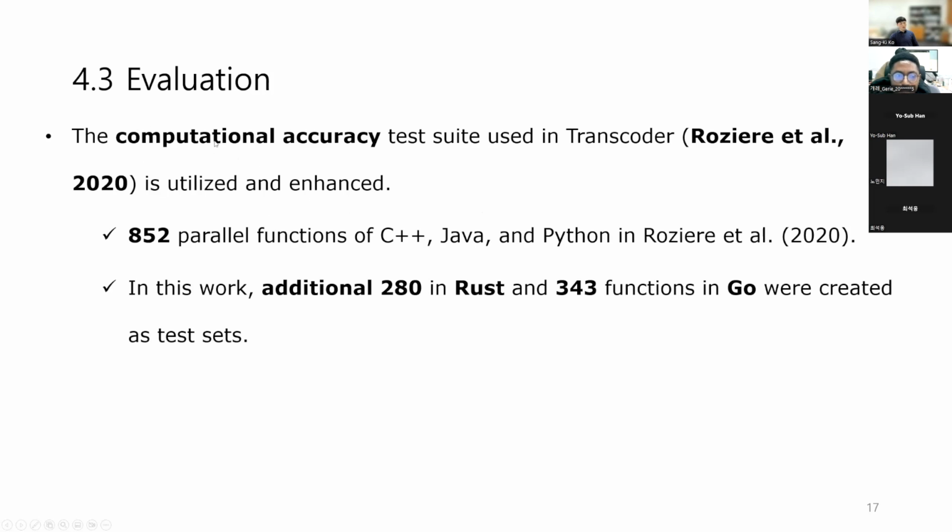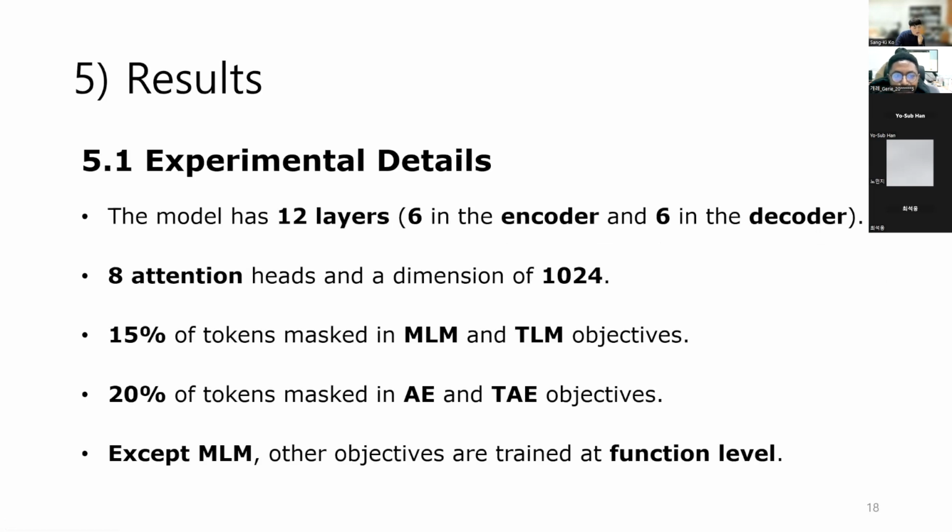That's how computational accuracy works. So as I told you in the contribution section, they add 280 functions for Rust programming and 343 functions for Go programming. So they evaluate in such a way.